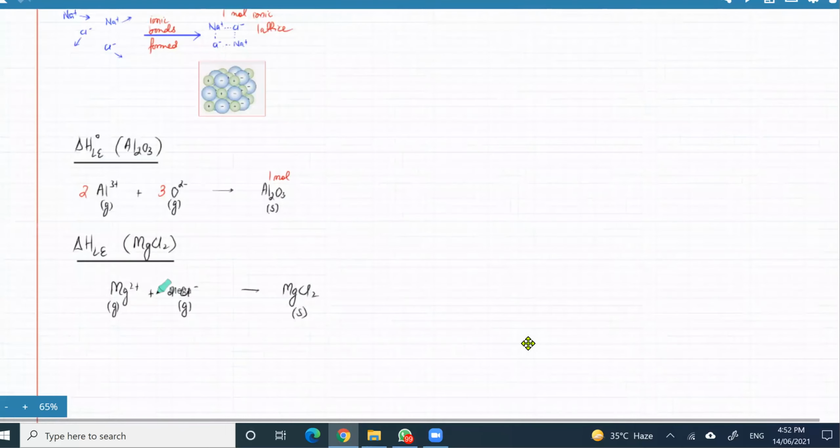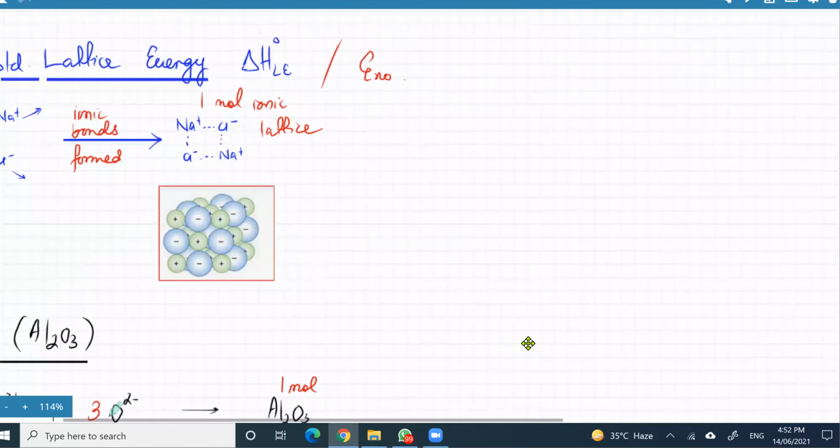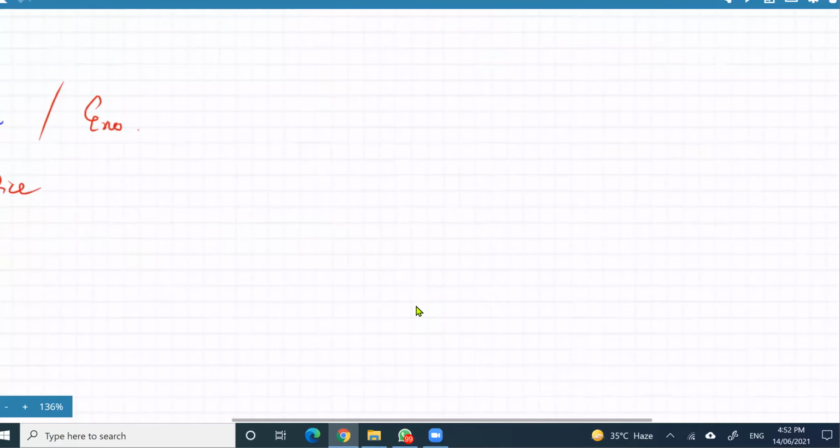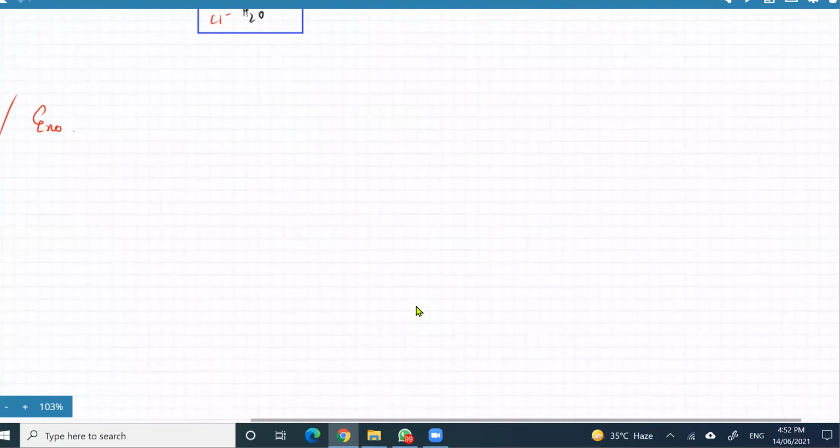Yes. So now the value is always going to be exothermic because bond formation is happening. Always exothermic, always bonds getting formed. So what we're going to discuss is the value of the lattice energy. First thing, it's important that you know what the range is going to be.